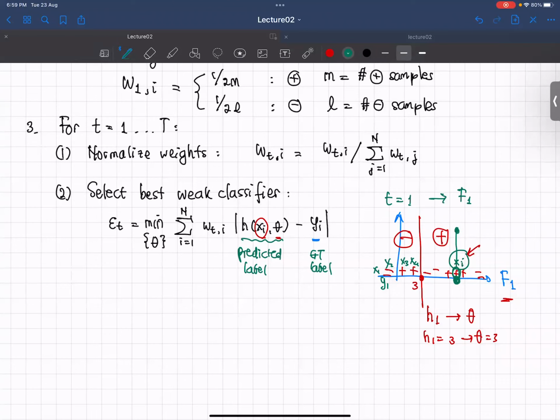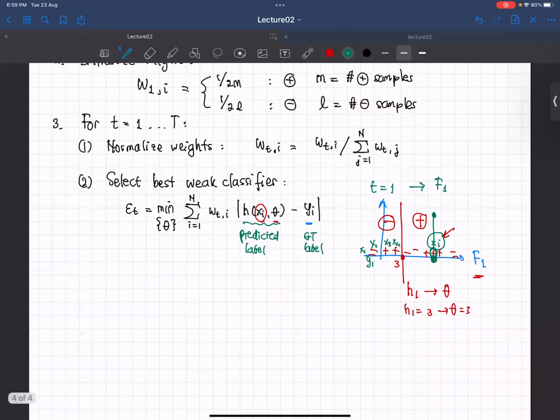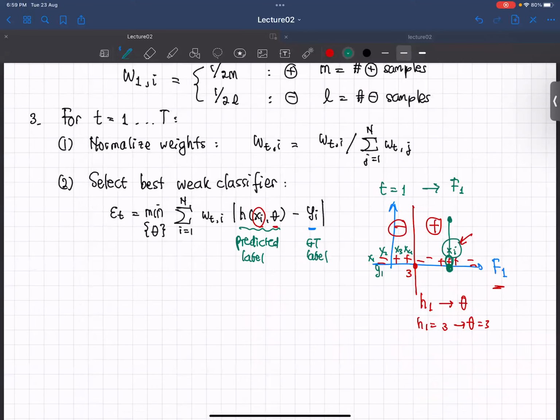What is the prediction of Xi? Positive. And what is the ground truth Yi? Also positive. Remember, positive equals 1. So H of Xi is 1, and 1 minus 1 equals 0. That's if your sample happens to be Xi.